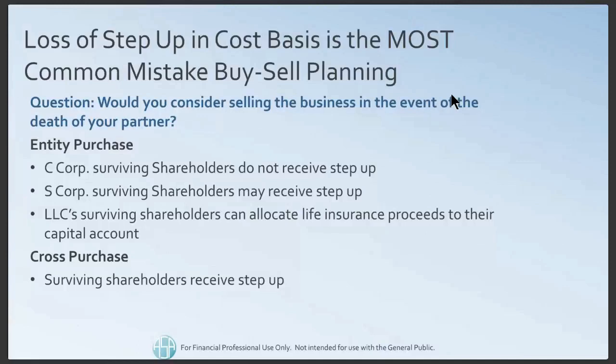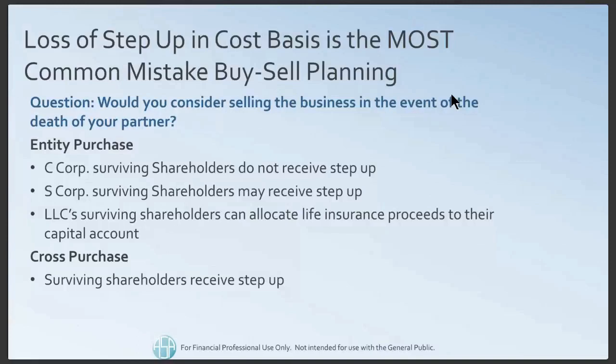If that's the case, you want to make sure when either partner passed away, the survivor received a step up in cost basis for the purchase of the deceased's stock. Because in the event of a sale later on, that's going to save them a lot of money in capital gains taxes. So let's look at the two most common types of buy-sell agreements: entity purchase and cross purchase.